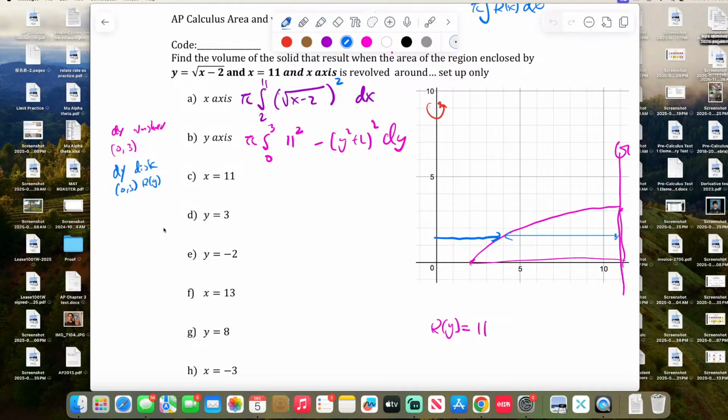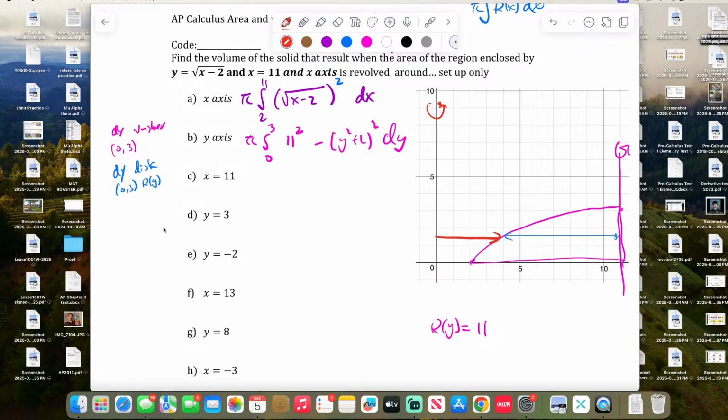I'm going to use a different color so you'll see. The function is represented with the red line, but we don't want the red line, because the red line is not from the axis of rotation to the function. It's actually from the axis to the rotation, so there's something wrong with that.